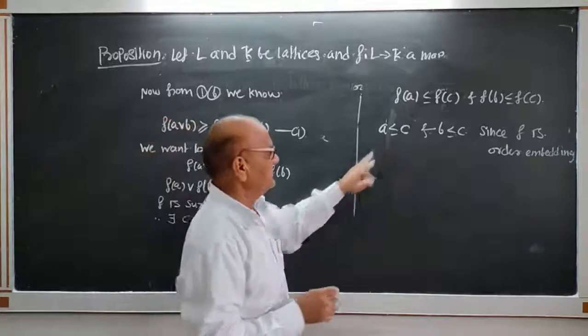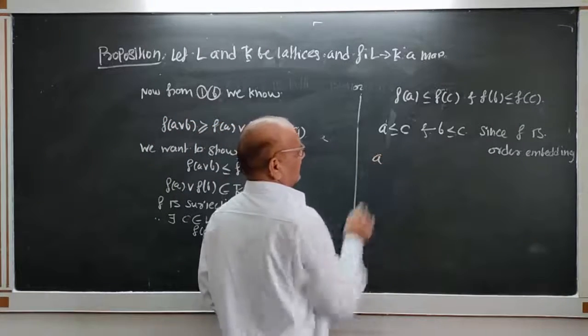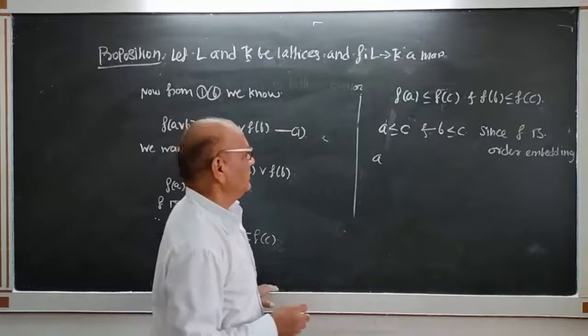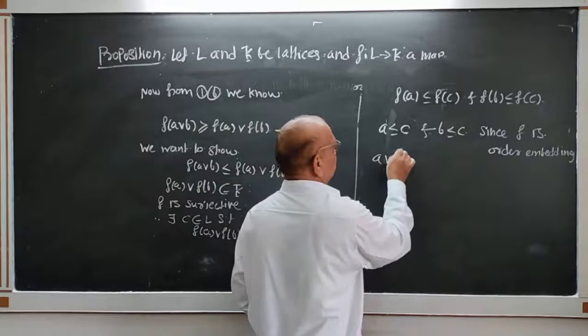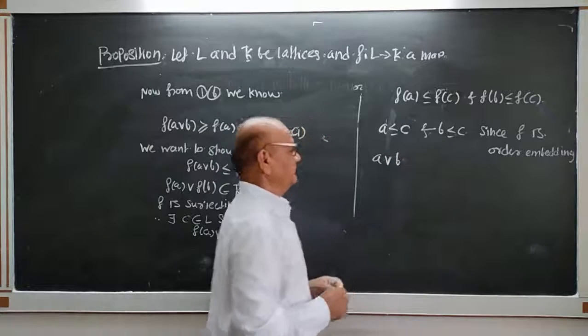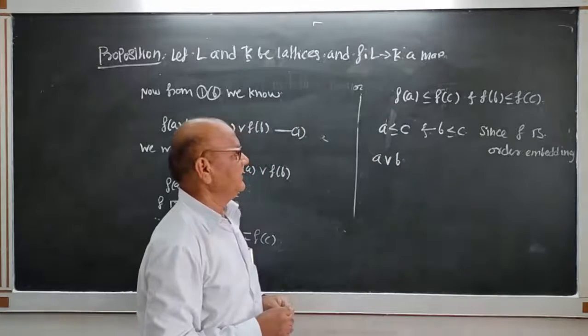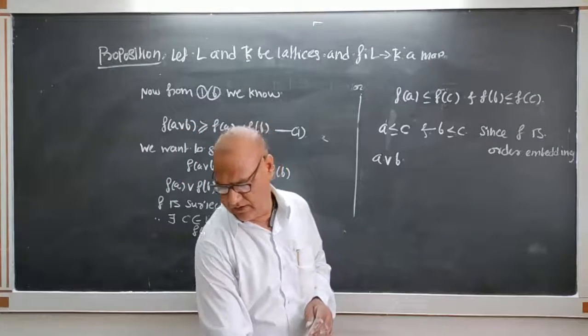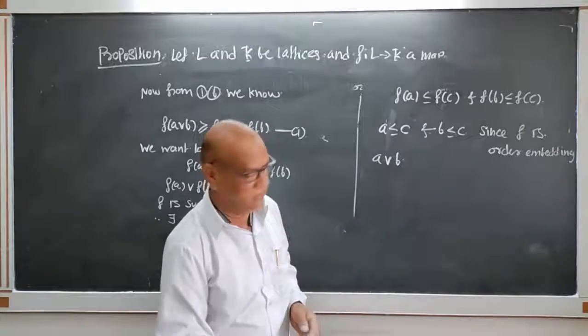And this gives a join b is related to c.